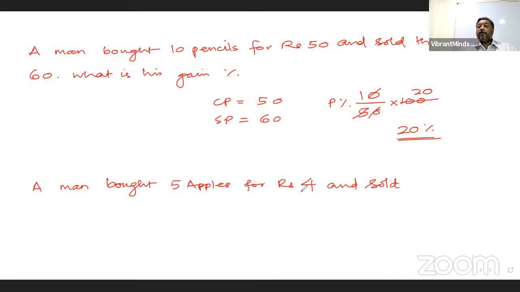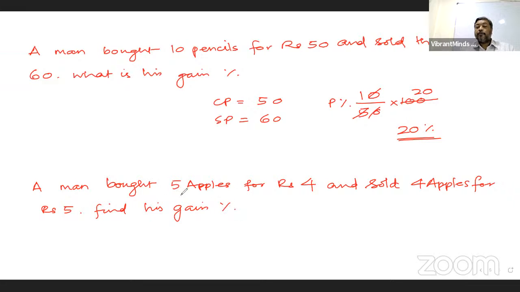A man bought 5 apples for rupees 4 and sold 4 apples for rupees 5. Find his gain percent.